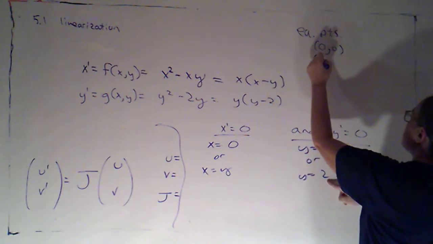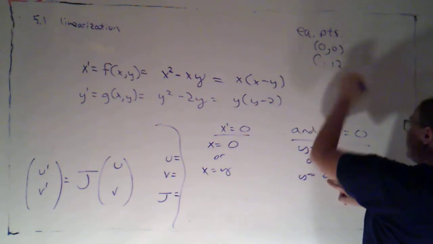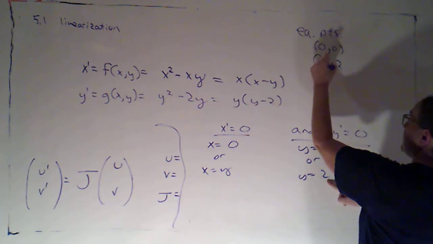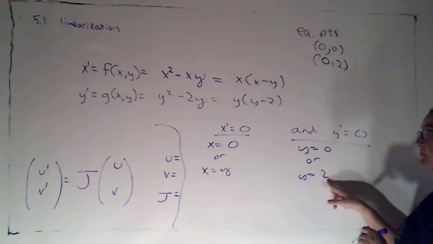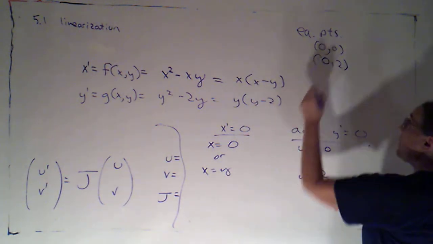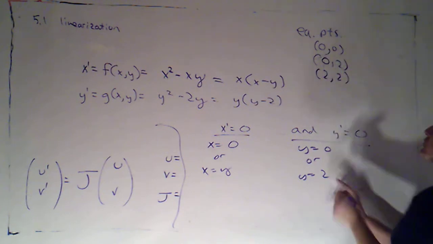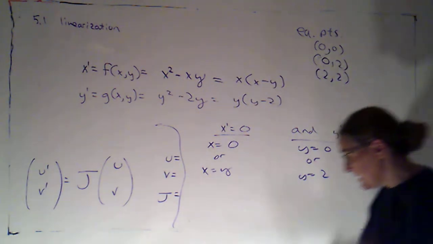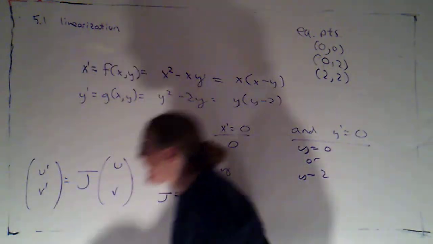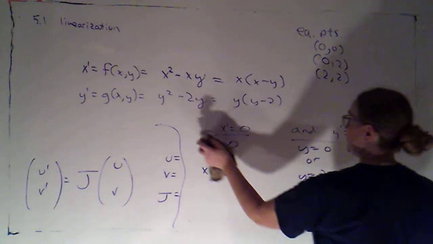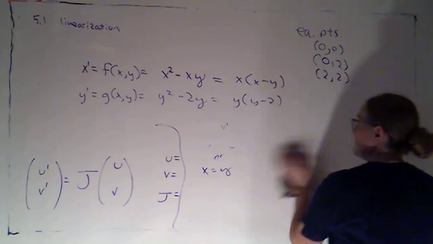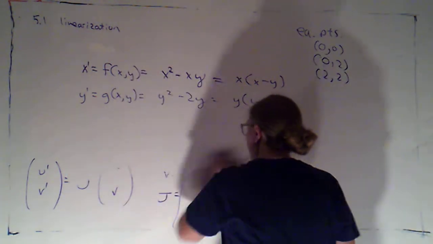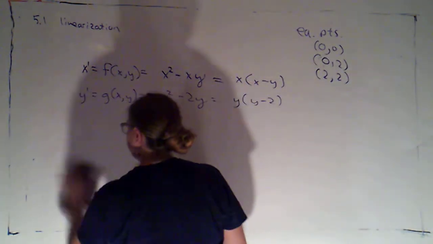If y is 2, x could be 0, so (0, 2) will be an equilibrium point. Or x could be y, and that would make (2, 2) an equilibrium point. So there are going to be 3 different equilibrium points that we have for this particular system. So let's go about classifying them.